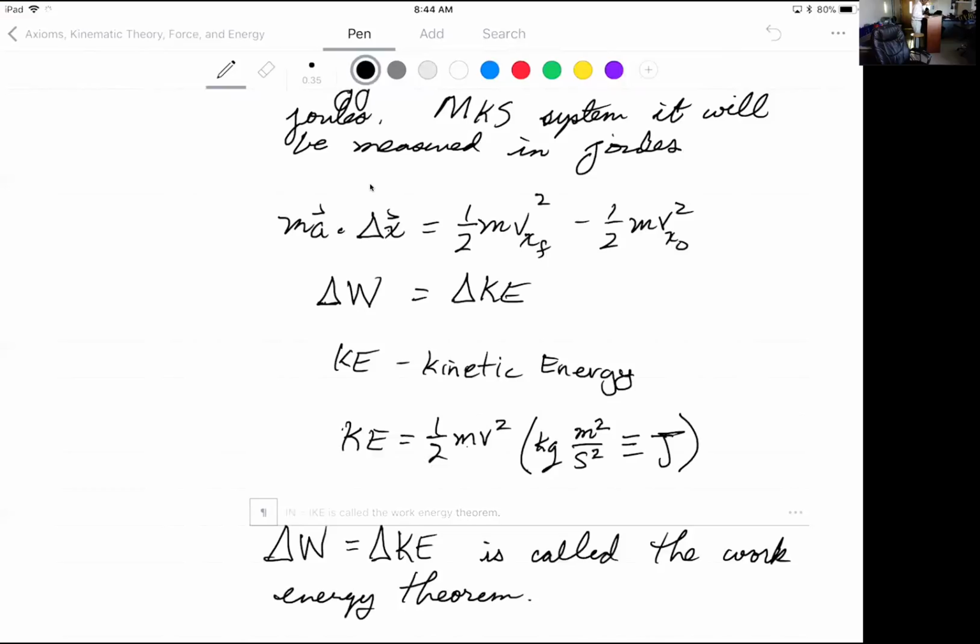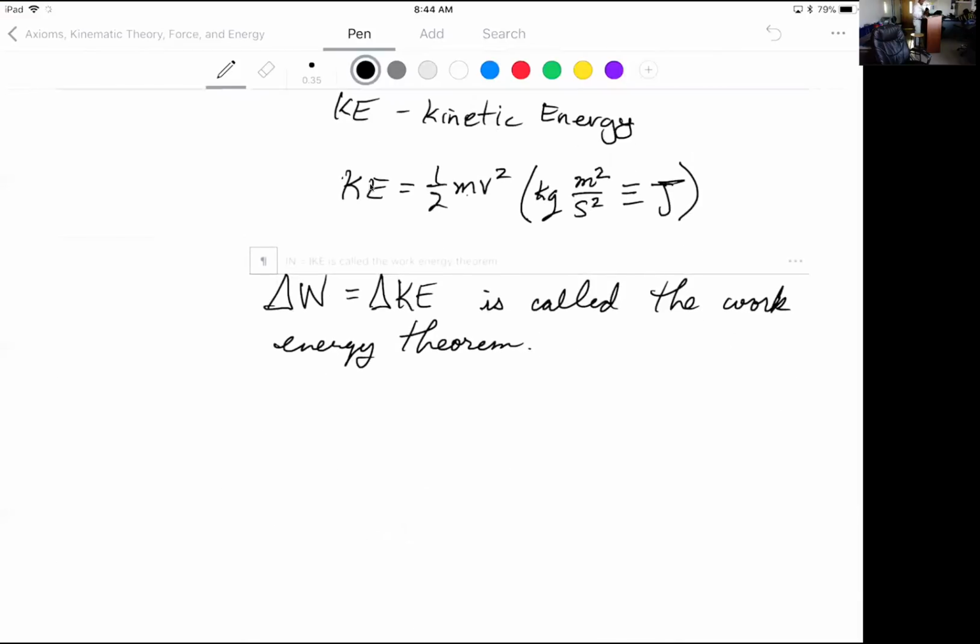It's called the work energy theorem. Super, super powerful.